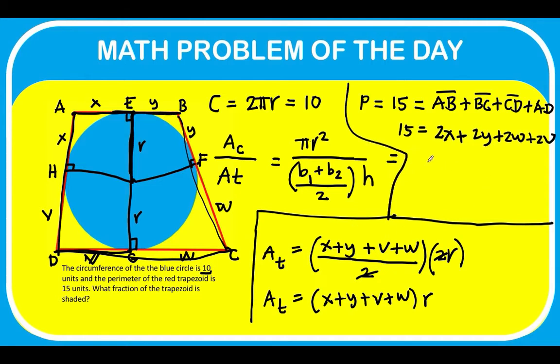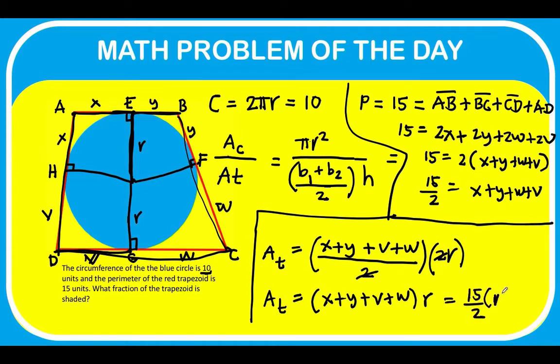So from here, we now have 15 is equal to 2 times x plus y plus w plus v. And therefore, we can solve for x plus y plus w plus v to be equal to 15 over 2. So that means this part here is equal to 15 over 2 times r. We copy the r. So this is now the area of the trapezoid, and this is the area of the circle.